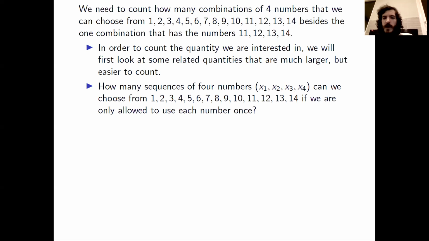It's another sequence quantity, but now it's the number of sequences of 4 numbers, x1, x2, x3, x4, that we can choose from 1, 2, 3 up to 14, assuming that we're only allowed to use each number at most once. So we cannot repeat any number.